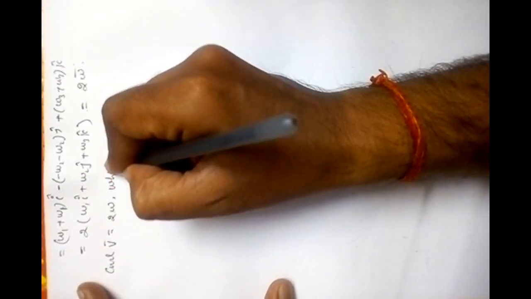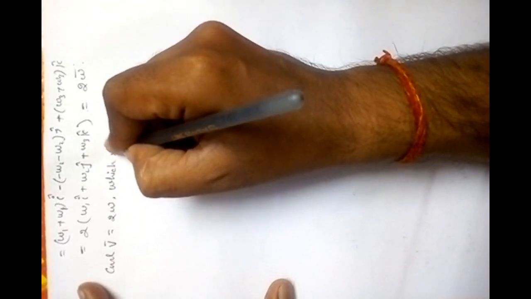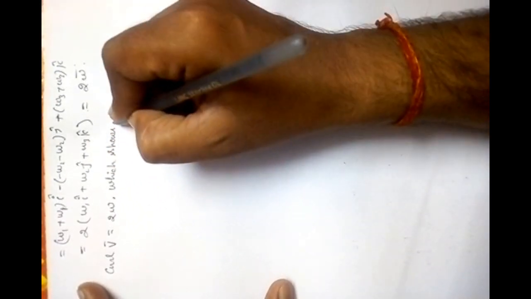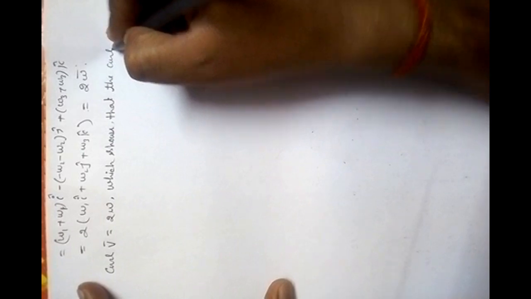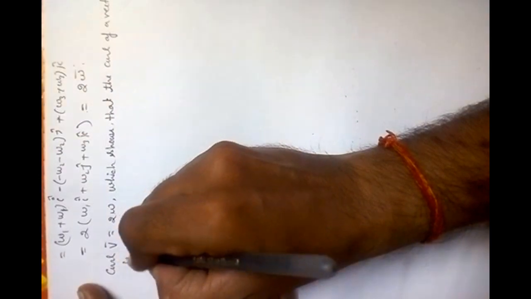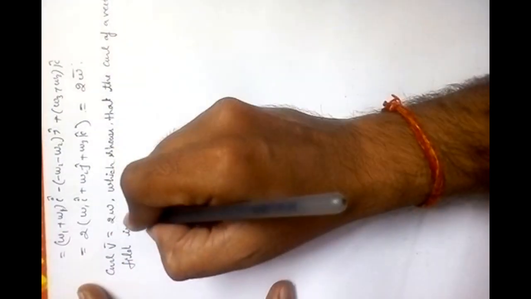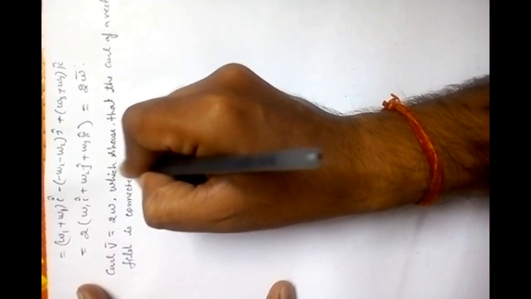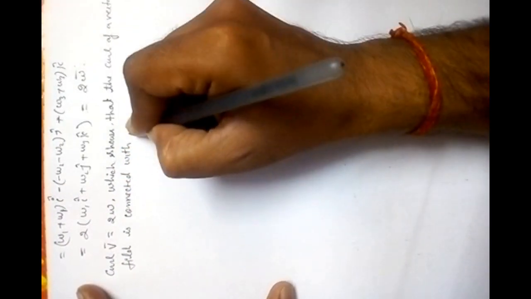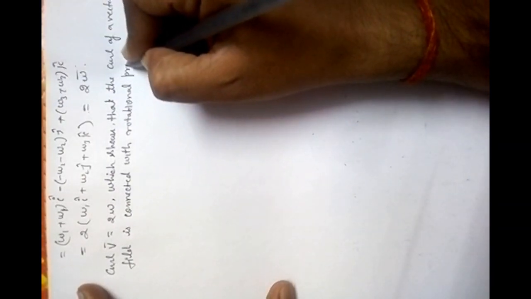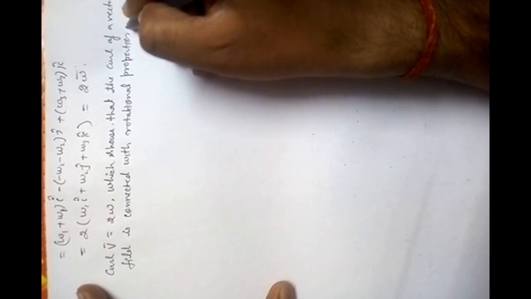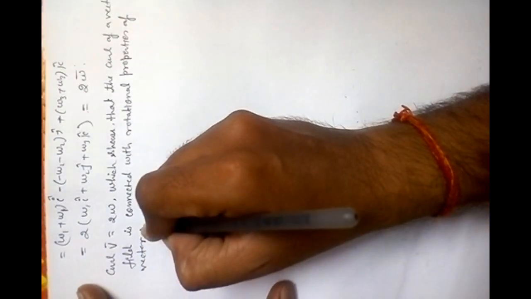Okay, which shows that the curl of a vector field is connected with the rotational property of a vector field.